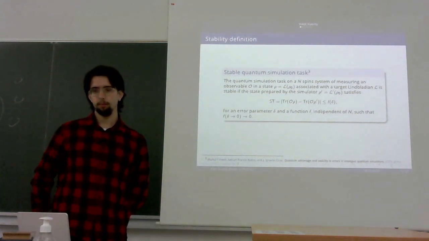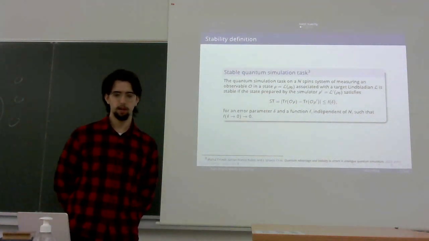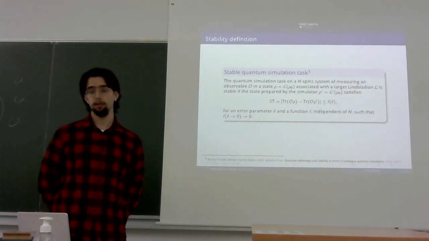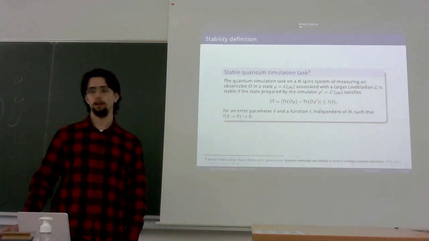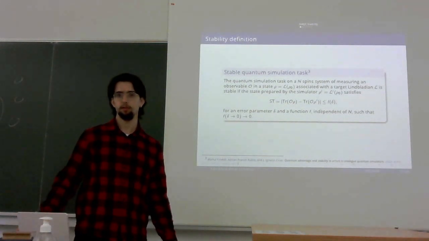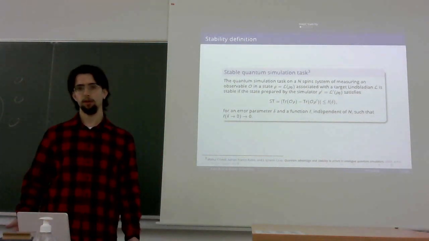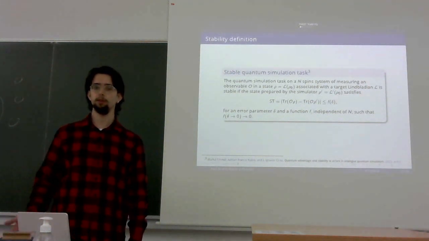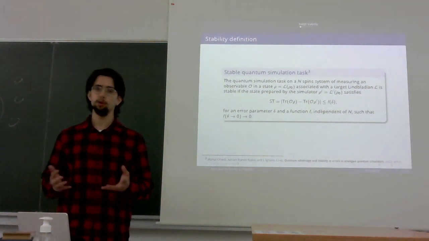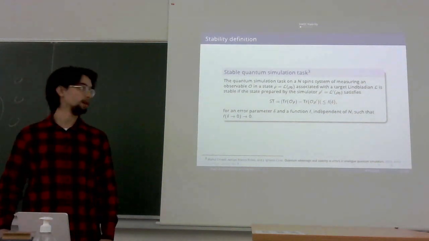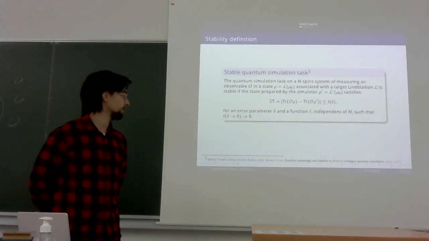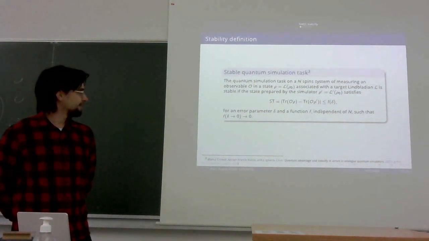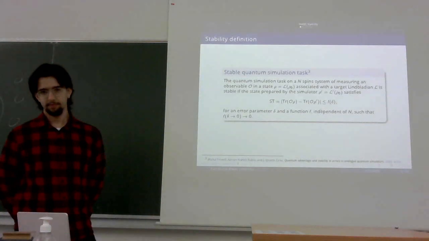I think we have a little bit of a problem with this, which is that we are losing universality because some specific Hamiltonians cannot be simulated stably. For example, an all-to-all Hamiltonian is not going to fulfill the stability requirements, so we are reducing universality with these stability requirements.